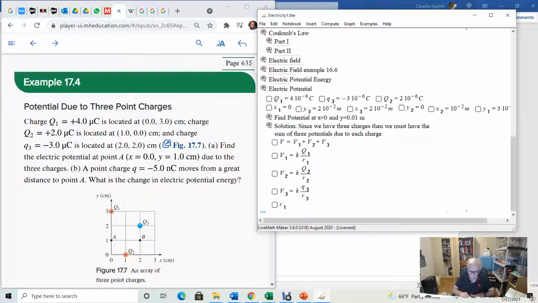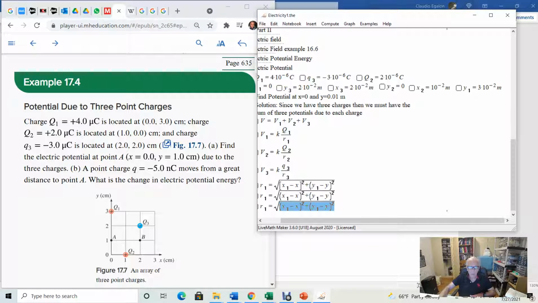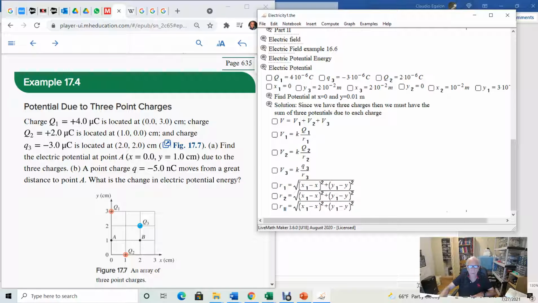R1, the generic way to write that down, would be equal to the square root of x1 minus x, squared, just like the Pythagorean theorem, plus y1 minus y, squared. And the same applies to the other two, R2 and R3.